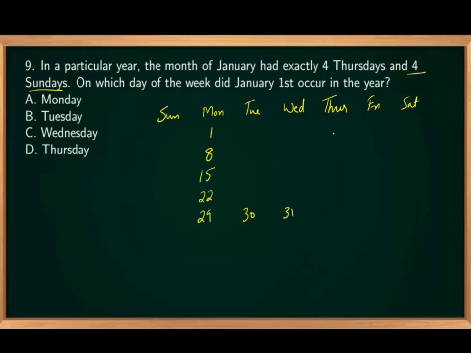So only 4 Thursdays are there. Moreover, Sundays also only 4. Since 1 is Monday, 2 Tuesday, 3, 4, 5, 6, 7 is Sunday. Then 7, 14, 21, 28. So only 4 Sundays and Thursdays also 4.